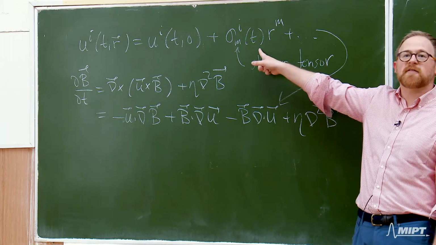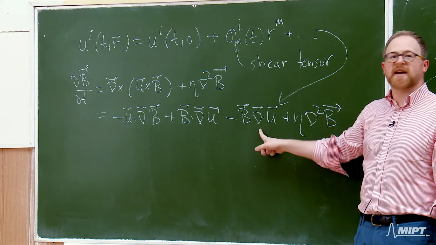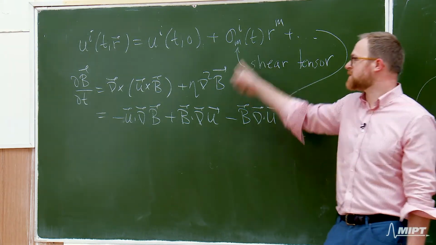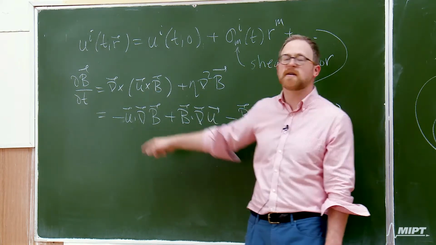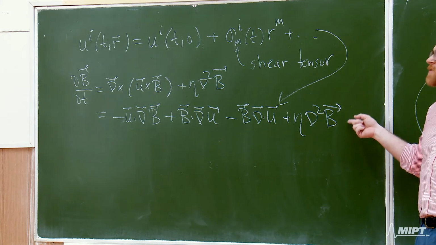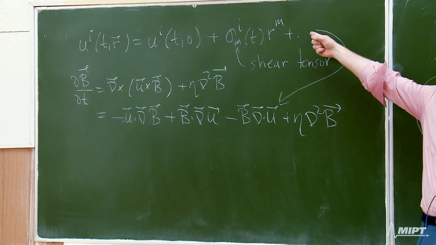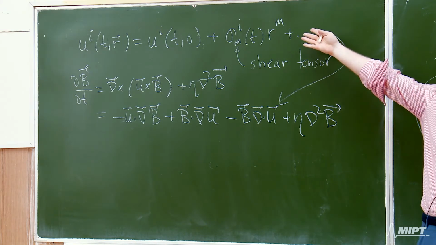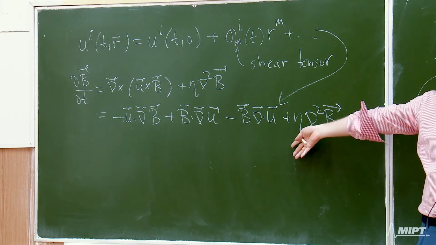And we haven't said anything about the form of this tensor yet, right? It might be just something that compresses the field, or it might be something that stretches the magnetic field, or it might be something that just carries the magnetic field around. The important step to notice, though, is that there's no back reaction of the magnetic field on the flow. Like, I haven't said how this flow is going to respond to there being a magnetic field in its presence.